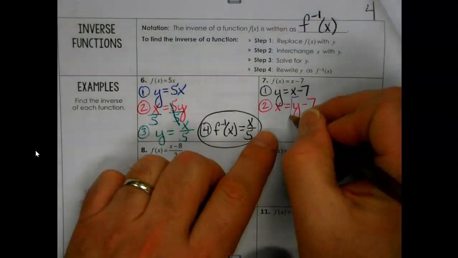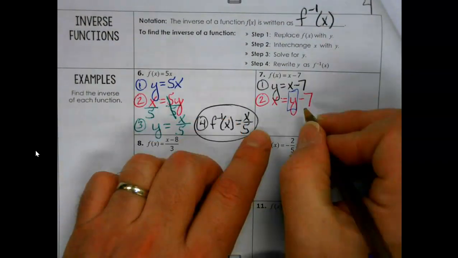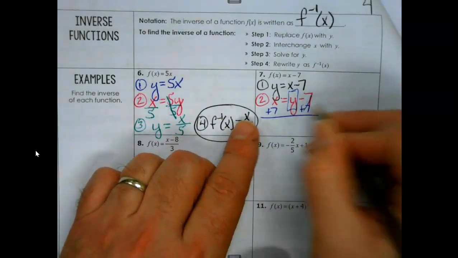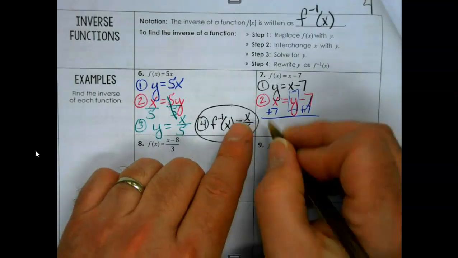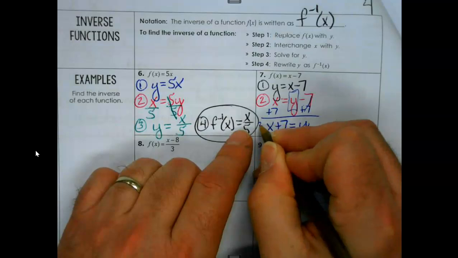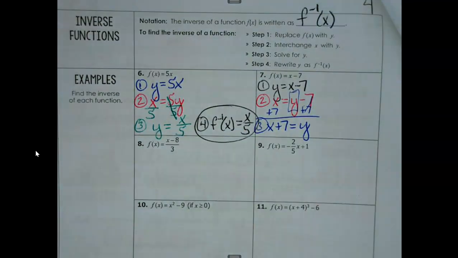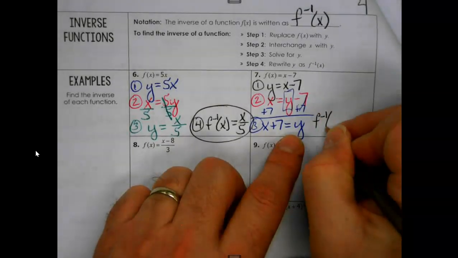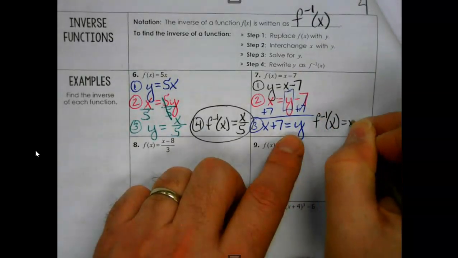We're always looking to get y by itself at that point, so we'll add 7 to both sides. Be careful, x plus 7 is not 7x, it's x plus 7. And then just replace the y with its notation.